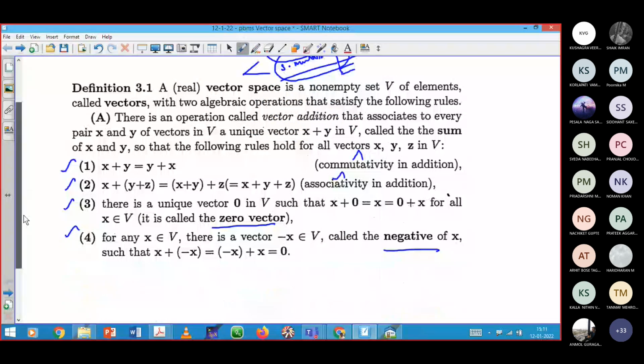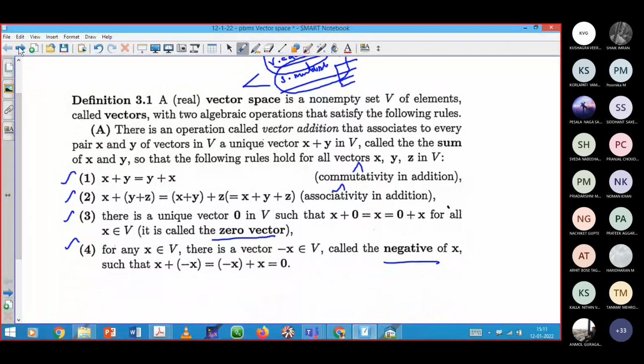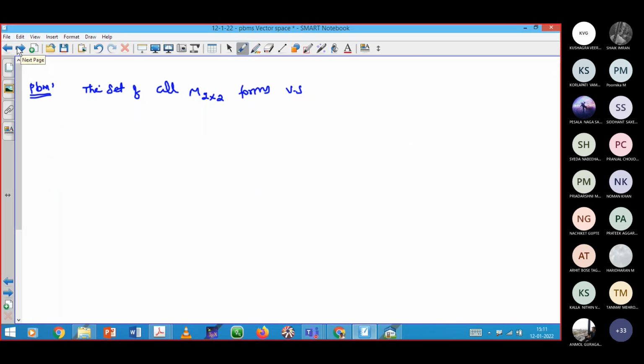Now with that we can enter into the problems directly, and see how it can be easily verified. In this problem, the question is: the set of all M2 by 2 forms a vector space.